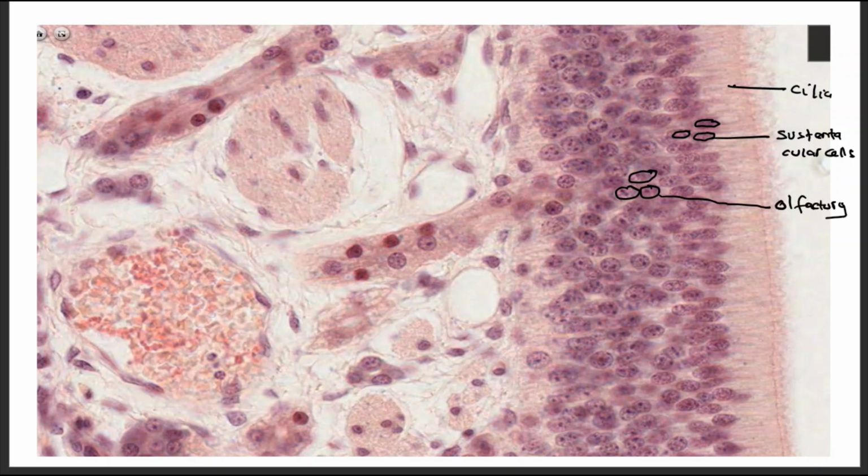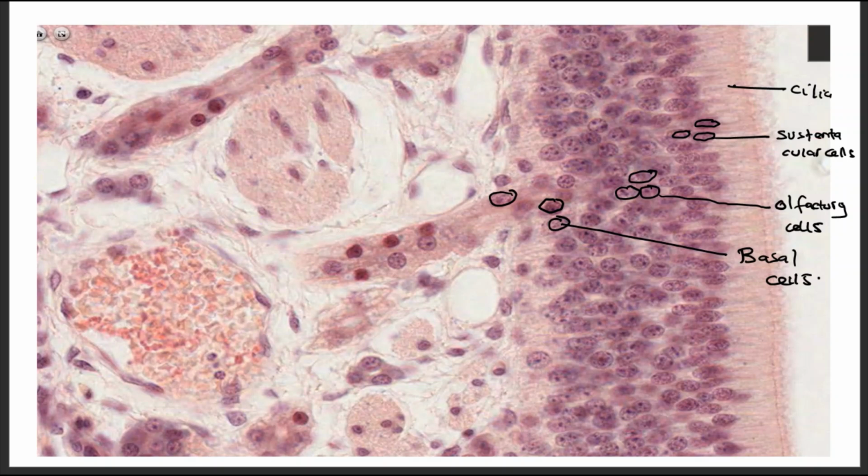The olfactory cells also have cilia that have neural properties. The olfactory cells are the ones that sense smell. And the nuclei that you see here on the base, near the basement membrane, these are the basal cells.